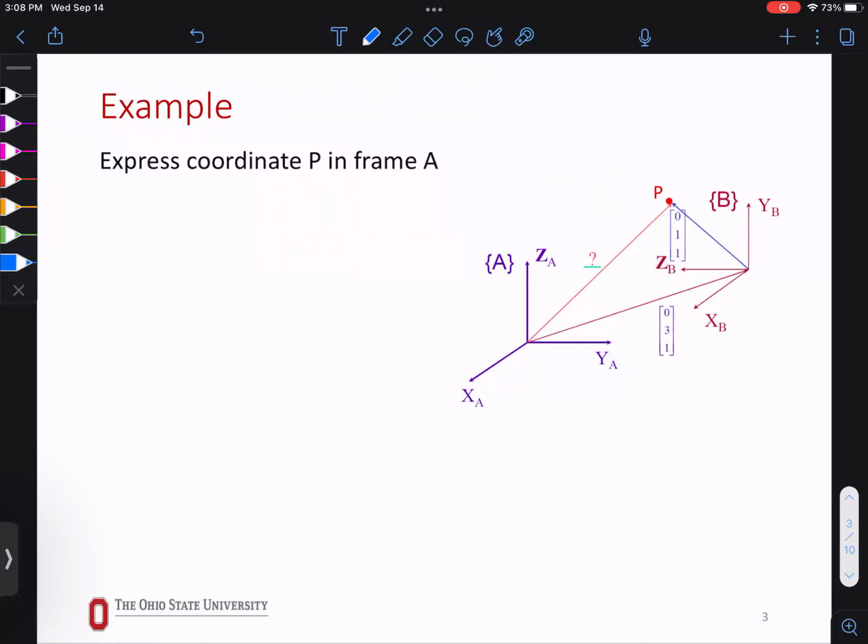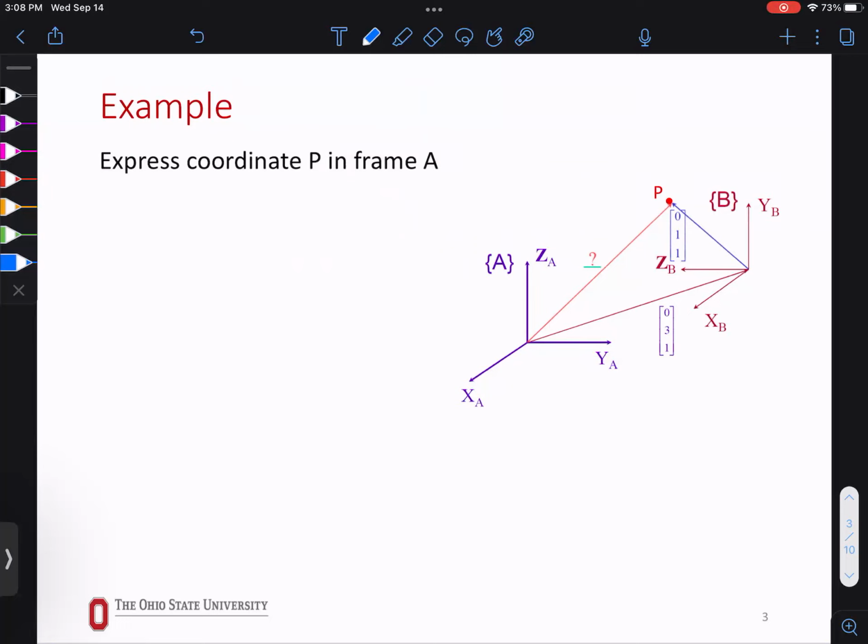We also know the origin of frame B with respect to frame A. It's a distance, it's 3, right? Now I want to know how to express point P in frame A.